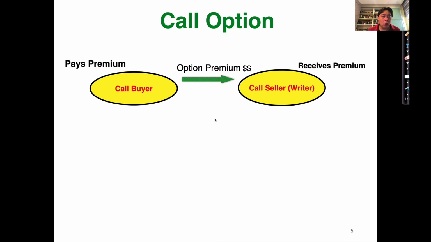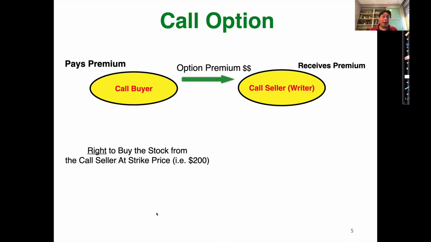Now, as a call buyer, what happens? You have the right. Remember, as a buyer, you always have the right to buy the stock from the call seller at the agreed upon price, which we call again the strike price. And again, in the market, you can choose any strike price you want, and you can choose any date to expiration you want as well.